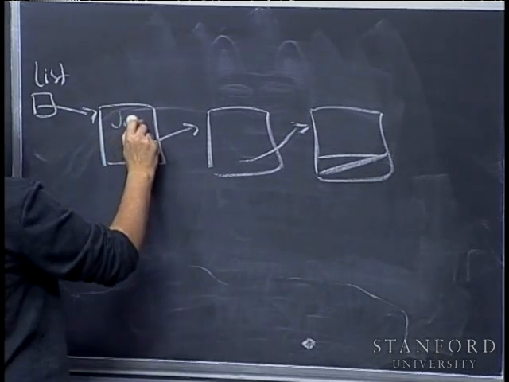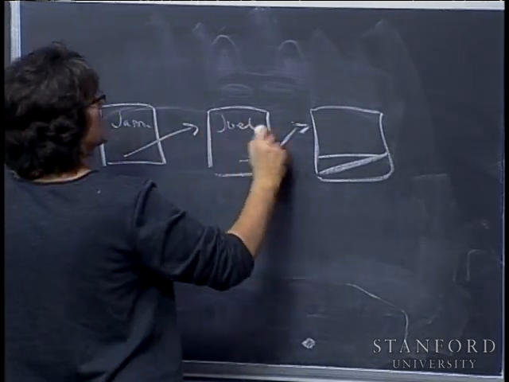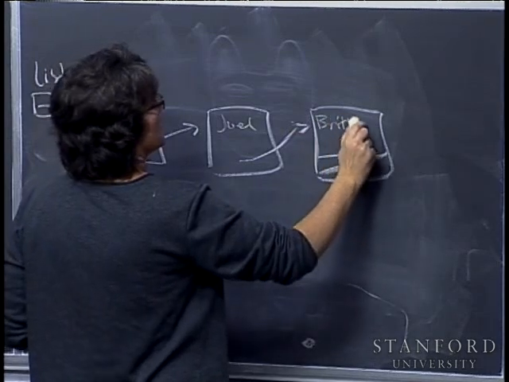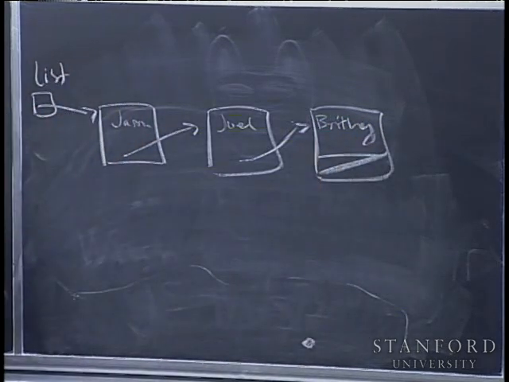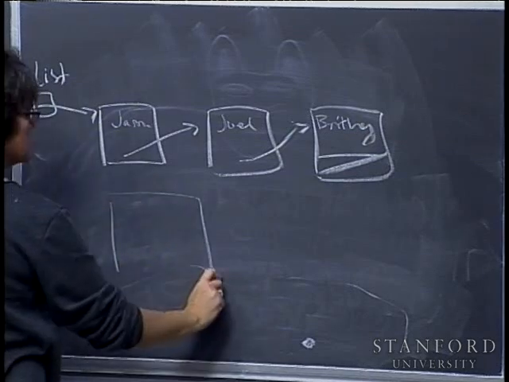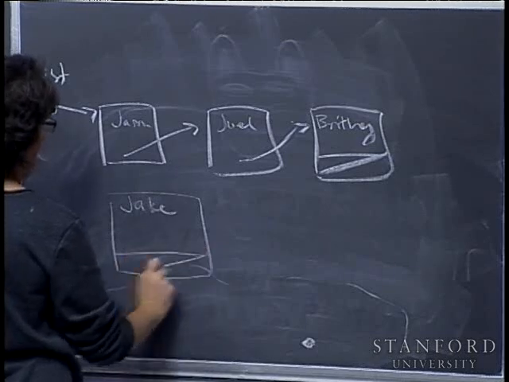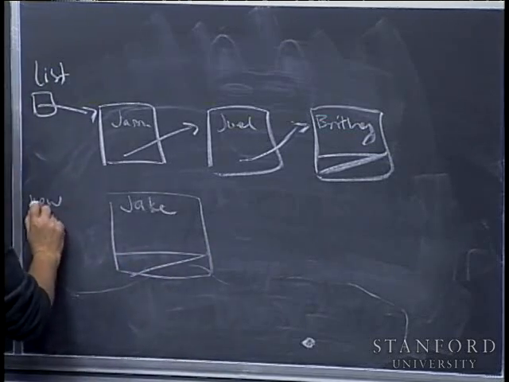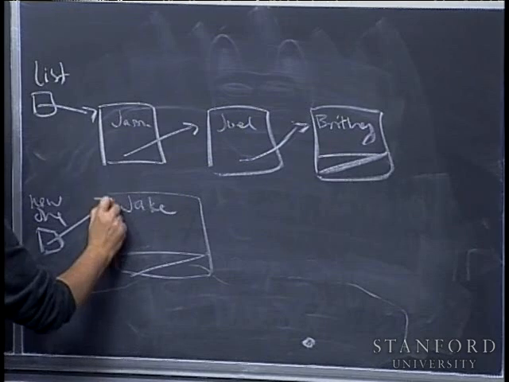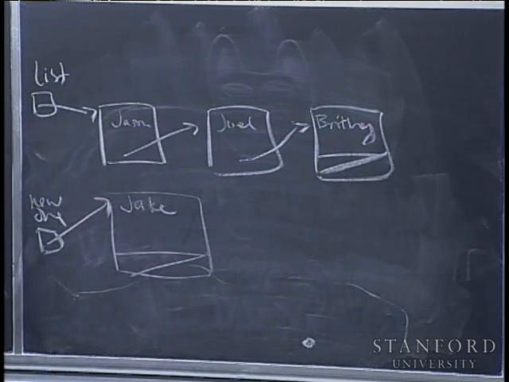This is Jason, this is Joel, this is Brittany. Okay. I got a new cell. It is Jake, back from my get new entry. And I want to attach Jake into my list to join it with the ones I have. So I've got an existing list and a new cell to add to it.